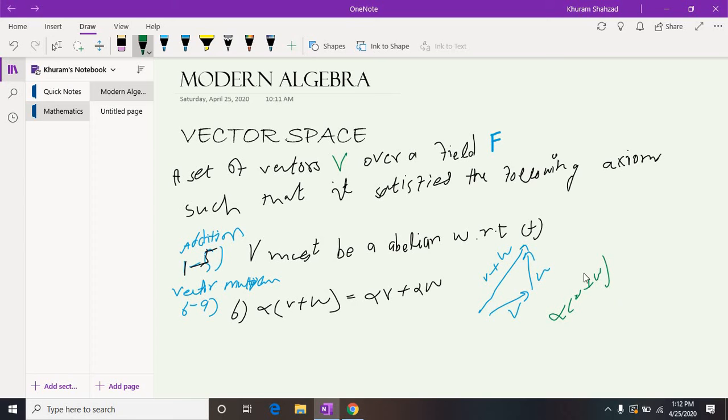You actually multiply a number with your vector, and that will do nothing but change the length of the vector or its direction. So this can result in this.